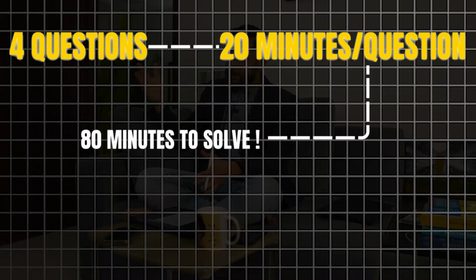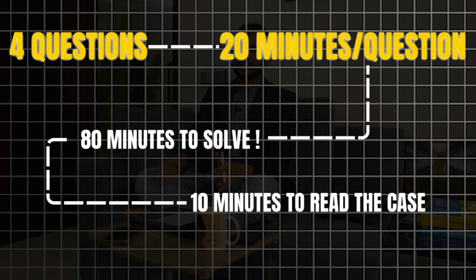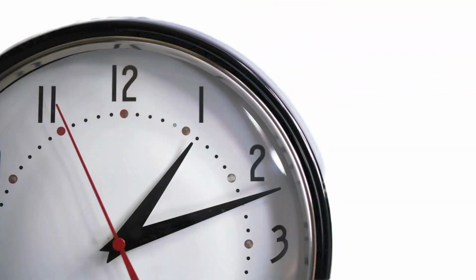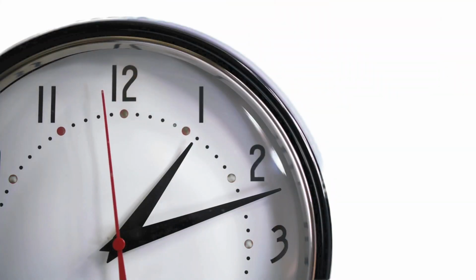The total exam is 90 minutes, so out of 90 minutes you spend 80 minutes on writing, and the remaining 10 minutes you use to read the case and understand it. Maybe the first 5 to 6 minutes you spend reading the case, and then you start attempting, and keep 4 or 5 minutes of buffer time in case you need to refer back to the case. That will complete your 90 minutes properly, and that is the best way to think about time management in O levels, paper 1 and paper 2.